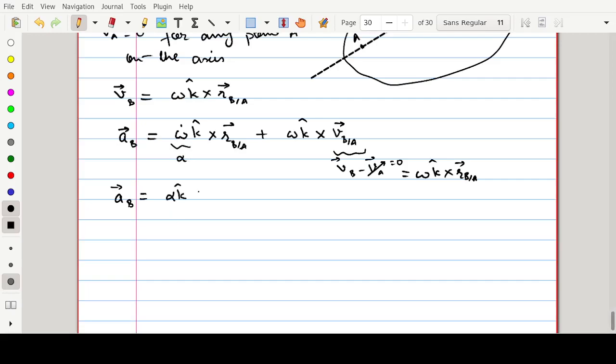So angular acceleration cross RBA plus omega k cross omega k cross RBA.